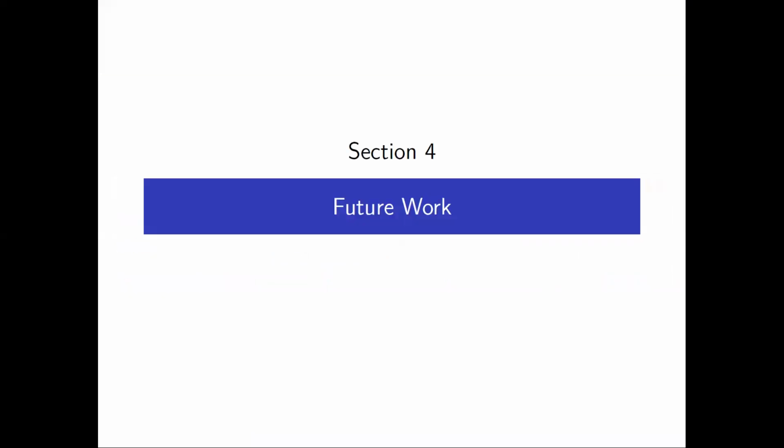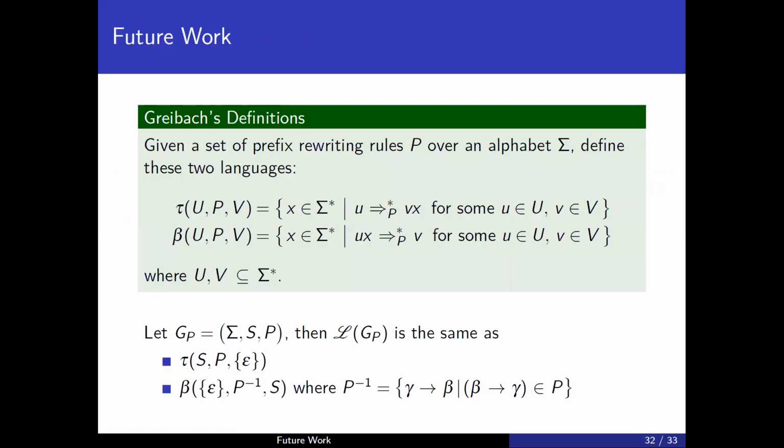So what's next for this work? Our immediate next step is to look at Shiller-Greibach's definitions. She gives us these two definitions for tau and beta, and they are related to the matching problem.